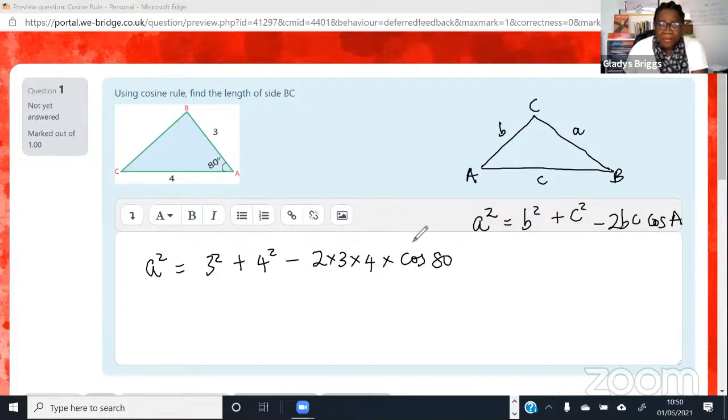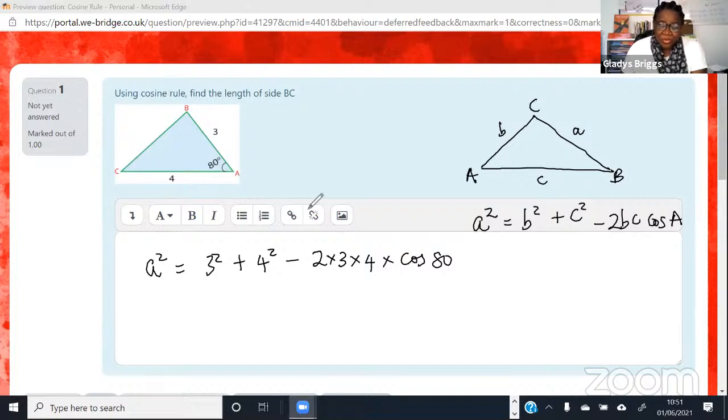Okay? So then this is what you have to put in your calculator and figure it out. Anybody worked it out? 20.83.